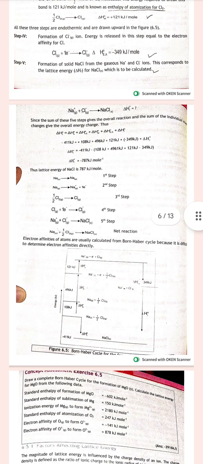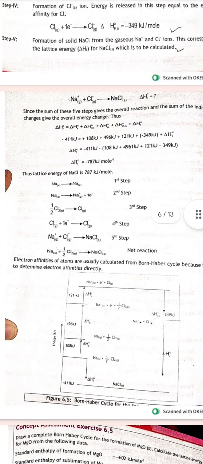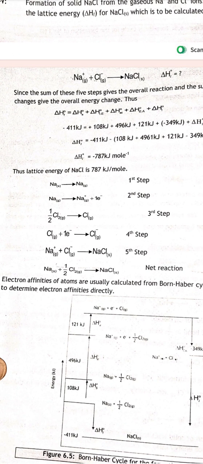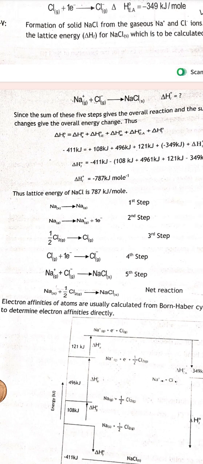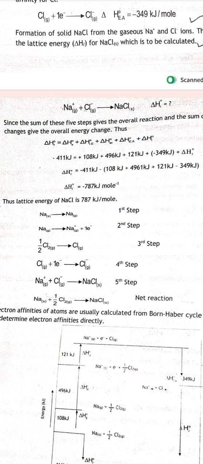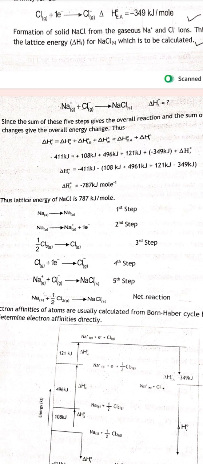So we have to add all these enthalpies: first the enthalpy of sublimation, then the ionization energy, then atomization, then electron affinity, and last we have the enthalpy of lattice.